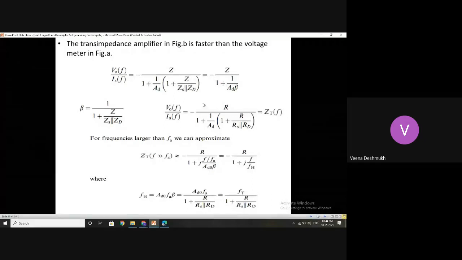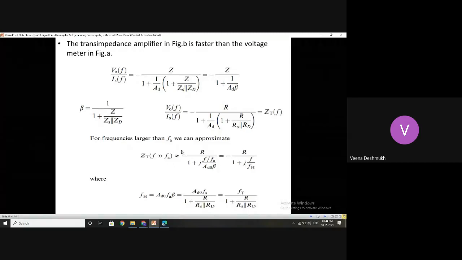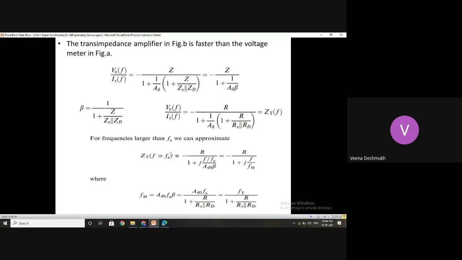And this trans impedance varies with the frequency. If the amplifier input frequency is FA, and the signal frequency is F, then the variation is like this. That T, the trans impedance, goes on changing with the gain AD, because this AD is dependent on frequency.